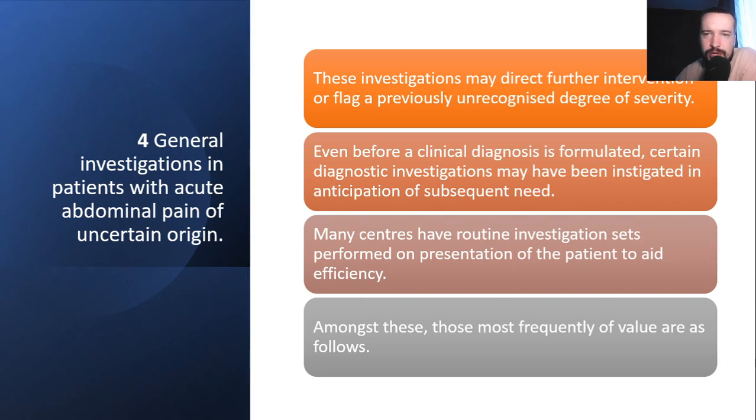These investigations may direct further intervention or flag a previously unrecognized degree of severity. Even before a clinical diagnosis is formulated, certain diagnostic investigations may be performed in anticipation of subsequent need. Many centers have routine investigations performed on presentation of the patient to aid efficiency. Amongst these, those most frequently of value are as follows.